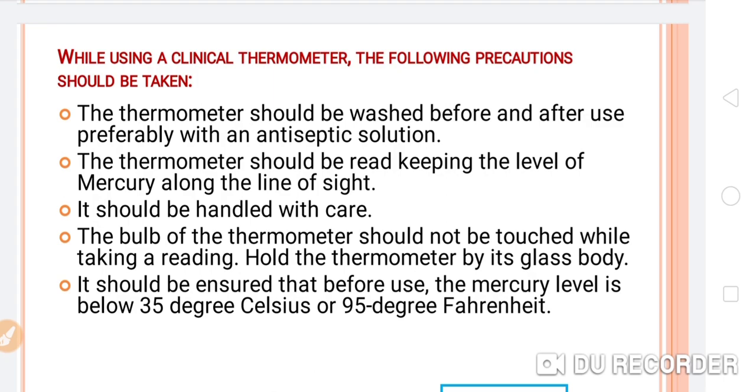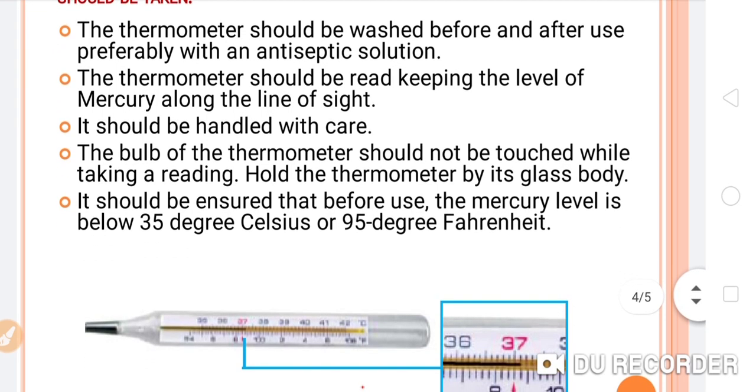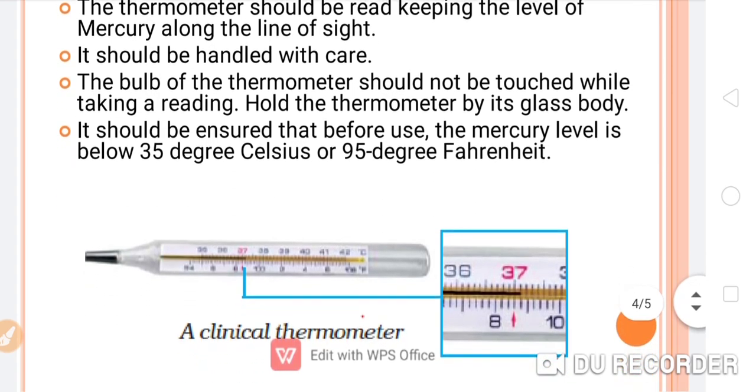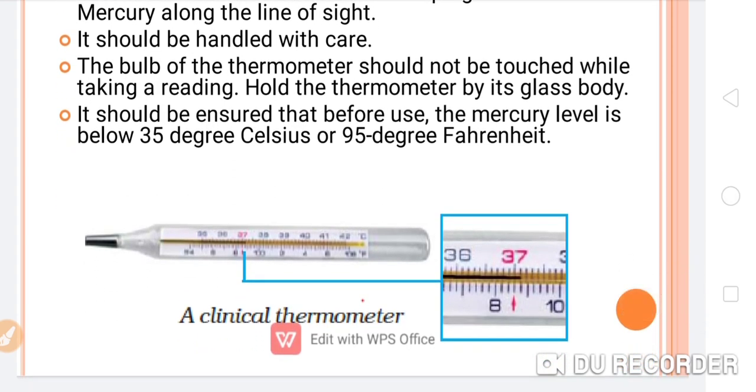This is very important. It should be ensured that before use the mercury level is below 35 degrees Celsius or 95 degrees Fahrenheit. Means on the clinical thermometer there are two scales. Number one is degree Celsius, and the second one is degree Fahrenheit.